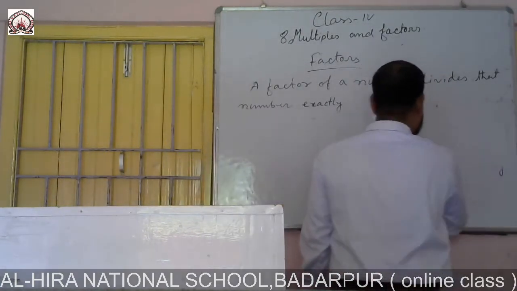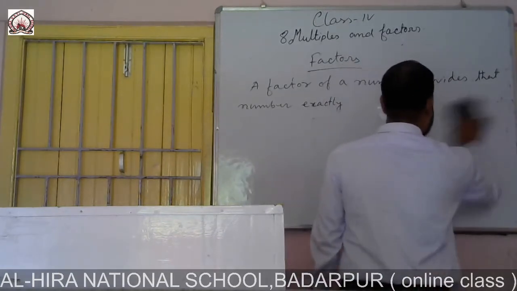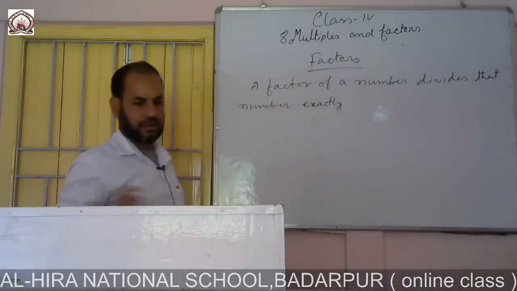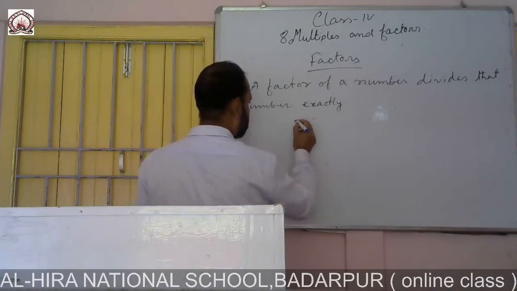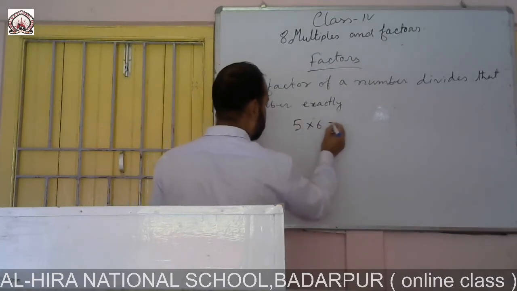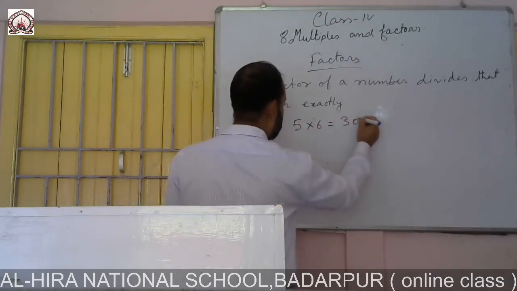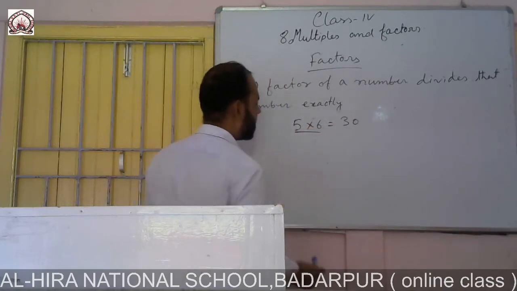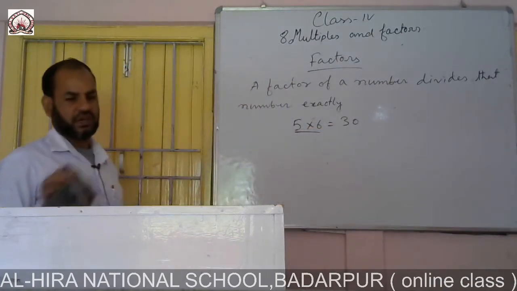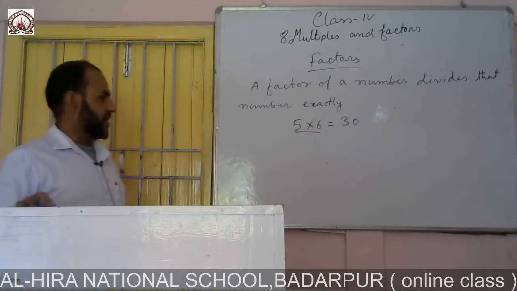So let us take two more examples. 5 into 6 equal to 30. So here 5 and 6 are the factors of 30.